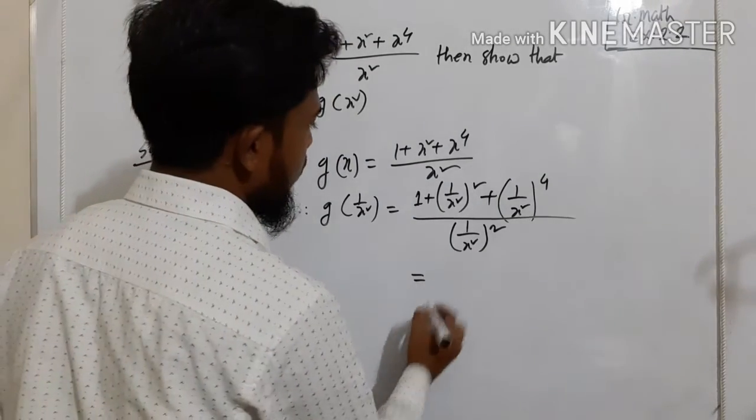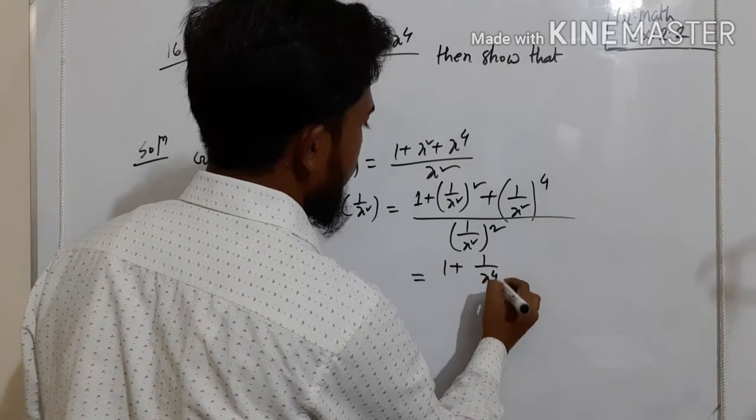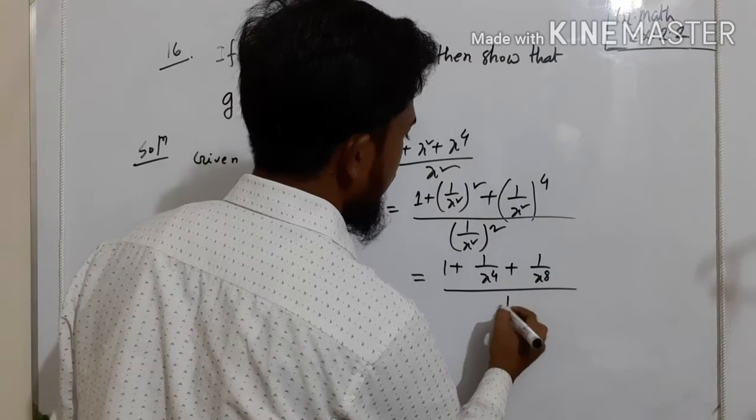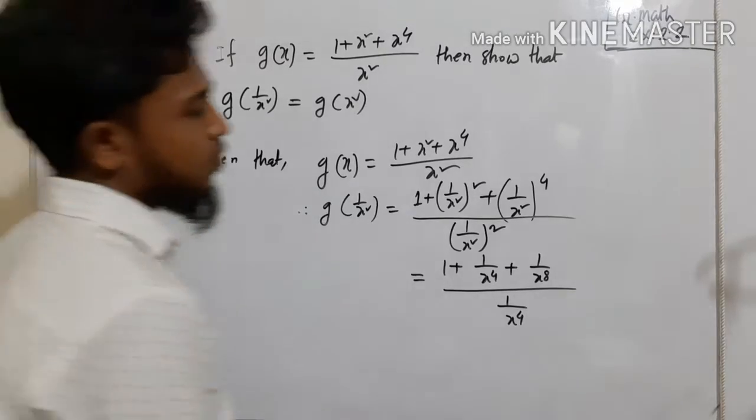So we can write (1 plus 1 by x power 4 plus 1 by x power 8) divided by 1 by x power 4.